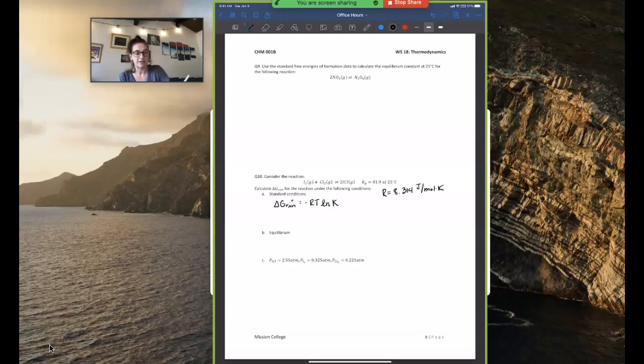And if you're taking my class, that is provided on the conversion factor sheet. That has different equalities and constants that are useful for general chemistry.